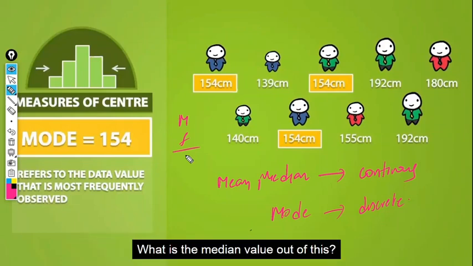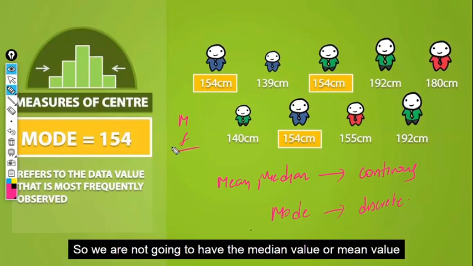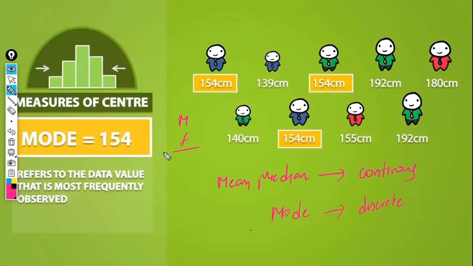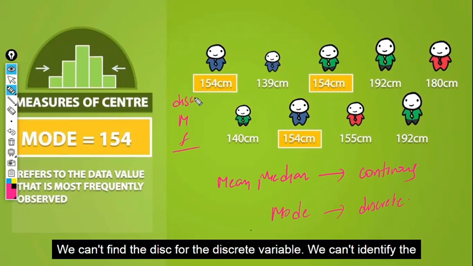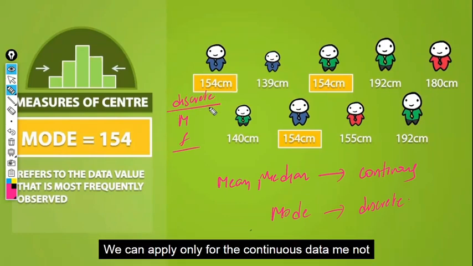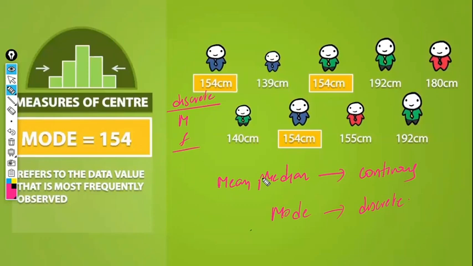So we are not going to have the median value or mean value for the discrete variables. We can apply mean or median only for the continuous data, not for the discrete data. Is that clear?